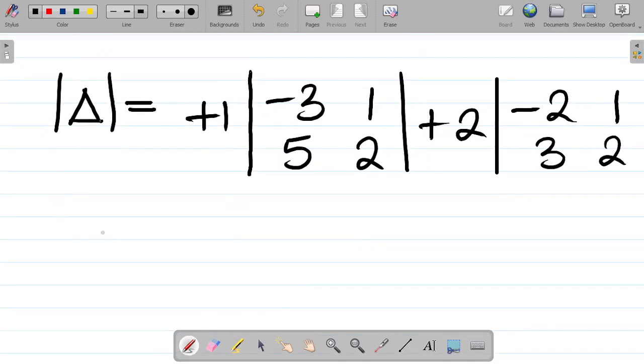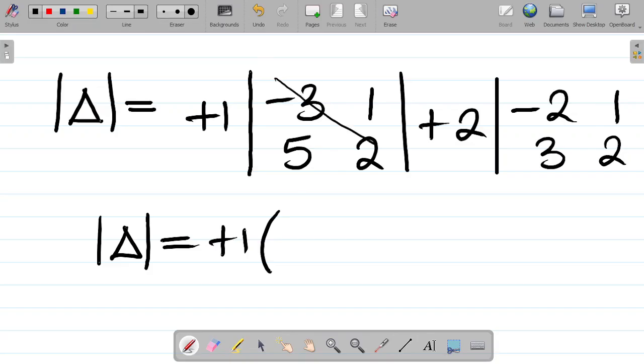With this, the next thing we have to take is, that means the determinant of lambda is equal to, you have plus 1. Now to solve this, all you have to do is multiply these two terms, this and this, the one on your right hand side. This is called the right diagonal, also called the principal diagonal. Multiply them. Minus 3 times 2 gives you minus 6. Then subtract from it the product of the terms on your left diagonal.